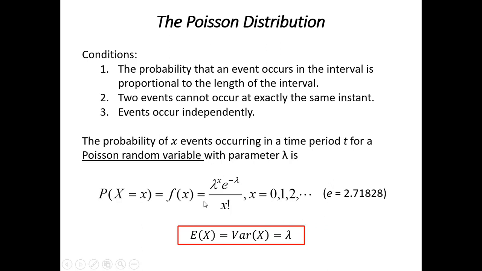In this formula, e is the well-known 2.71828. The variance here, surprisingly, is also equal to lambda. So I have an average value of lambda, and a variance of lambda. So this is a fairly easy formula to use. It's useful in certain cases, especially when you have an exact probability.